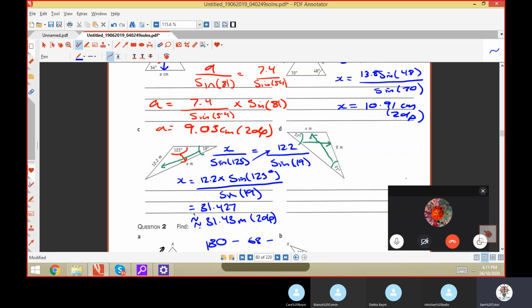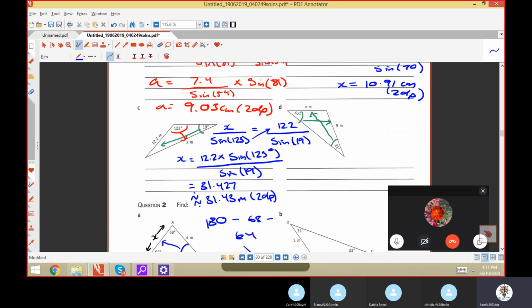All right, same trick with the other question. It's a side question, so go x all over the side that it belongs to. Oh, sorry, the angle. Sine 21 is equal to 9 all over sine 57. And you ask yourself the same question, well, what's sine 21 doing to the x? It's dividing, what's opposite of that?